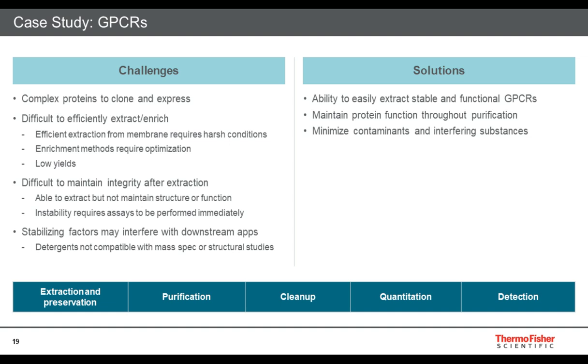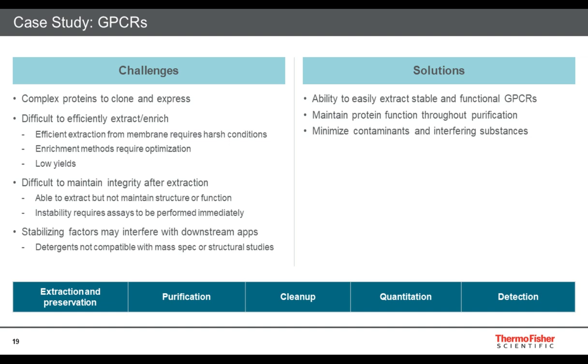And efficient extraction often requires harsh conditions that result in denatured or unstable proteins and low yields. Any kind of activity assay then usually needs to be done right away. Buffer components that may help to stabilize GPCRs outside of the cell membrane often are found to interfere with downstream analyses. For example, detergents and glycerol are not compatible with mass spec or structural studies such as cryo-EM.